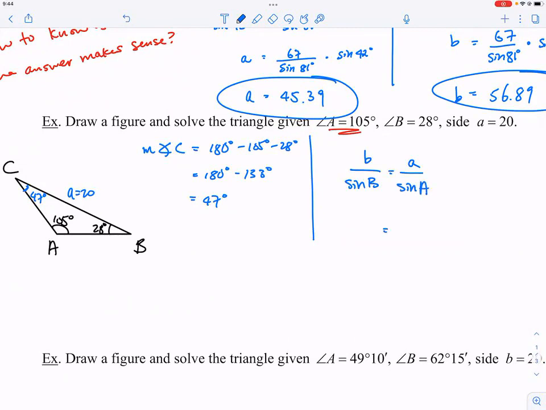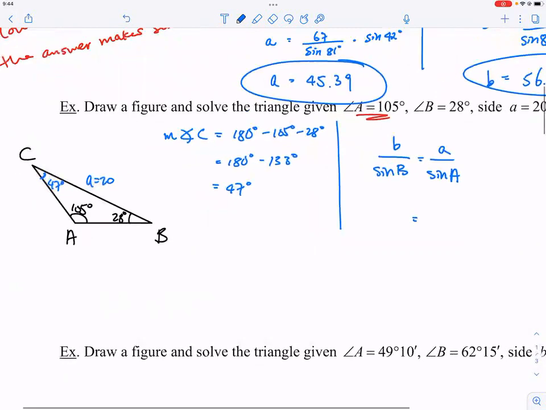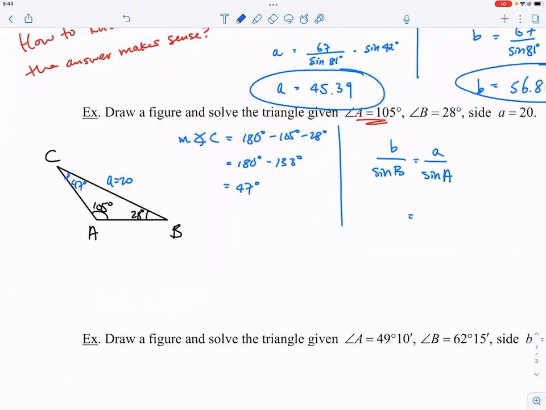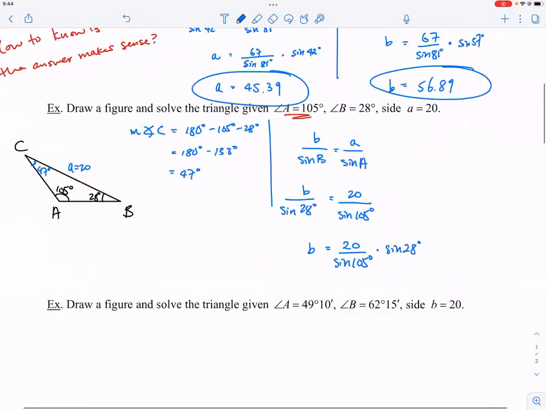All right. So the thing about the application of the law of sines is that you can rearrange them in any order as long as you have the fraction properly written here. You don't know side B, but you know angle B, which is 28, and A is 20, and angle A is 105 degrees.